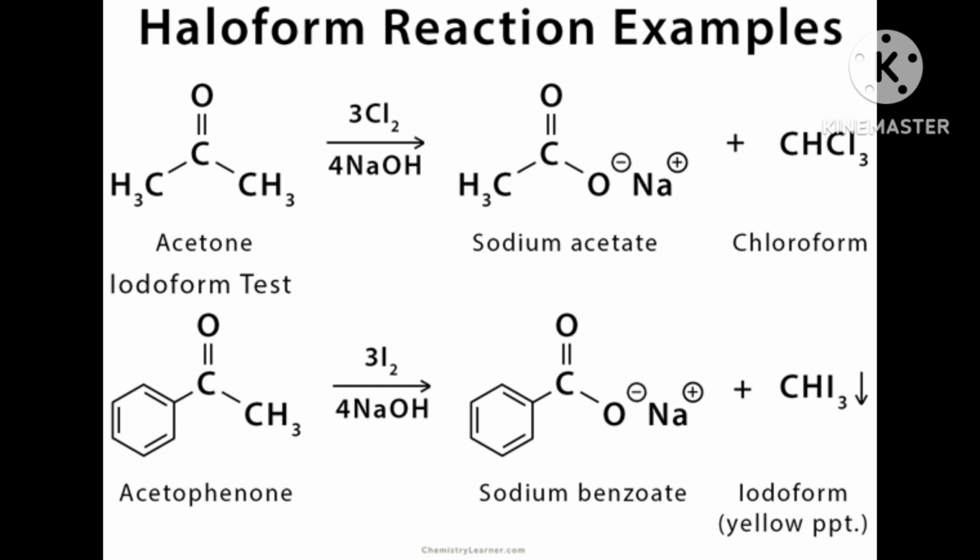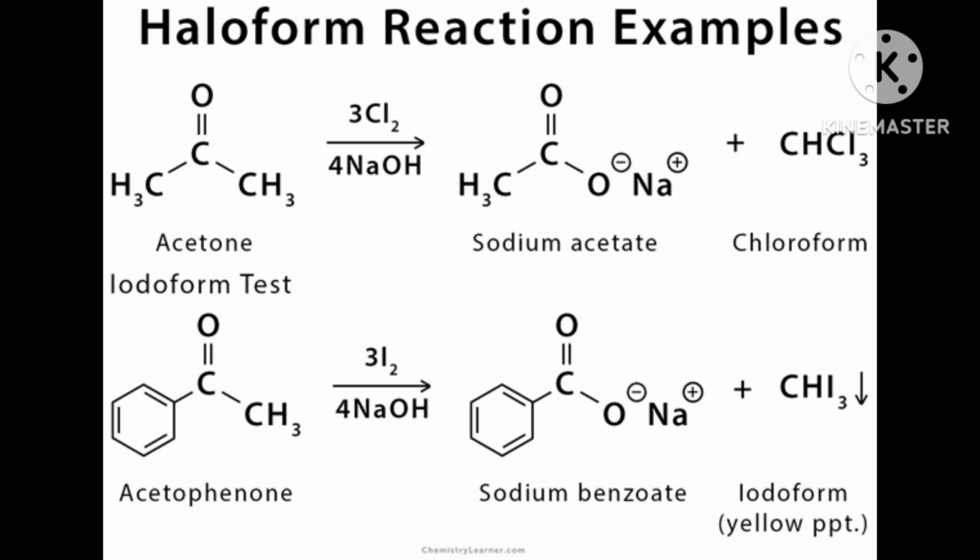It will not be disturbed. Only in the place of CH3, ONa will come, and this negatively charged CH3, the carbanion, will join with Cl plus, the same way I discussed, and it will form CHCl3. This is actually chloroform.